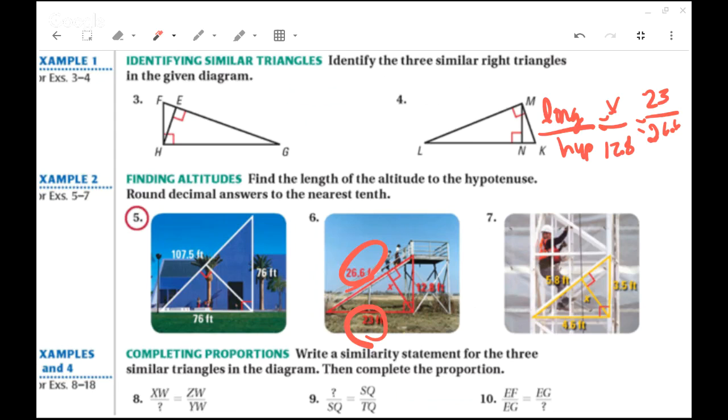Okay, so give me one of the problems for altitude.